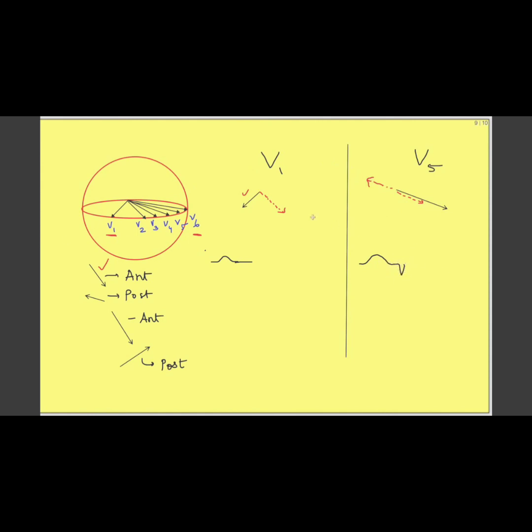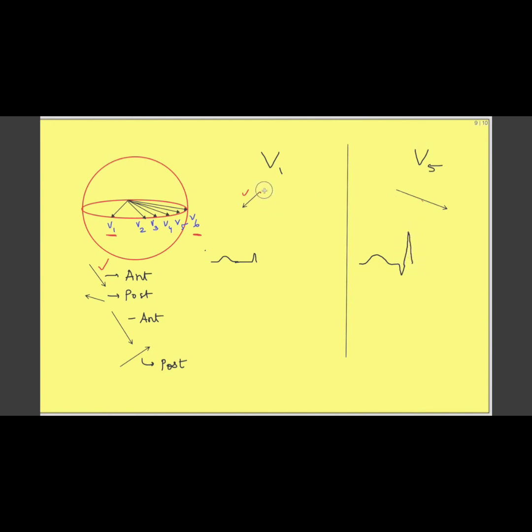Then ventricular depolarization, again it is close to 90 degrees but is still acute, so a positive wave will be recorded but of very small amplitude. But in V5 it is along the direction of V5, pointing anteriorly and towards the left, so a larger amplitude positive wave will be recorded.